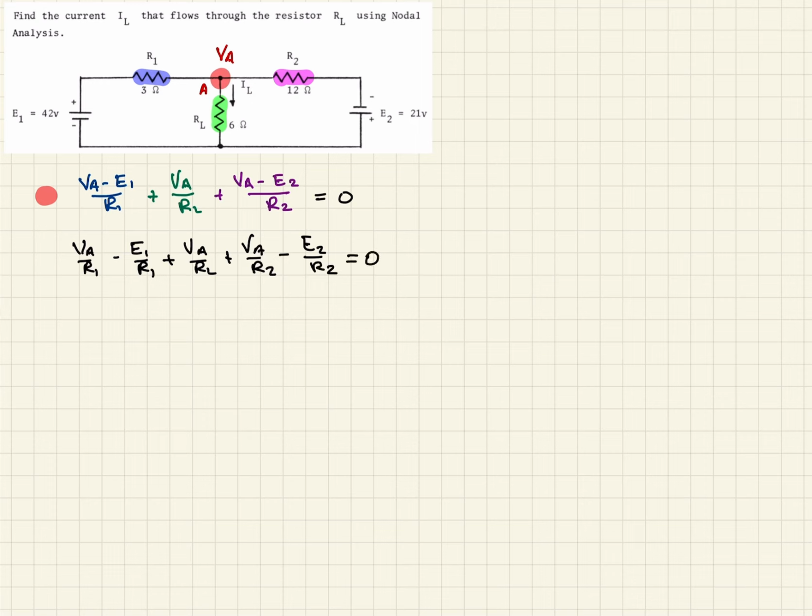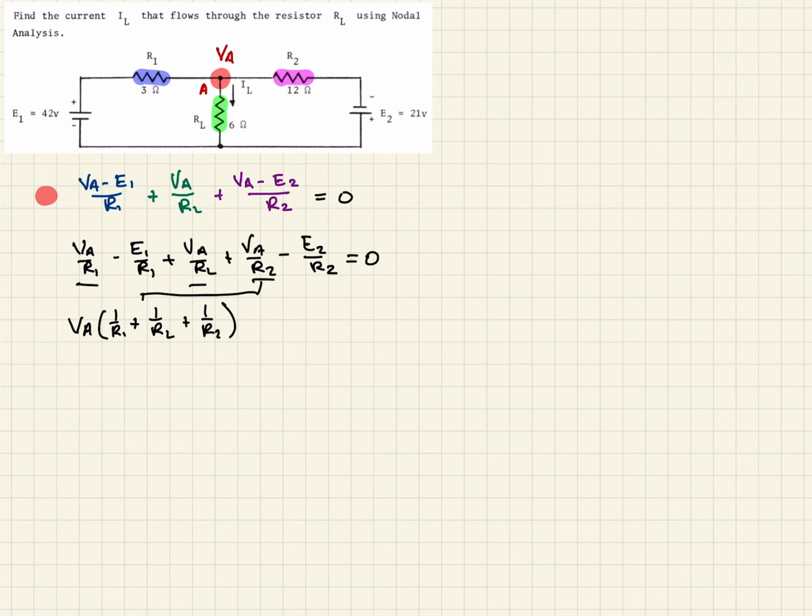That's equal to 0. So this is a little bit different approach, but it works. Then we can divide out VA as 1 over R1 plus 1 over RL plus 1 over R2.